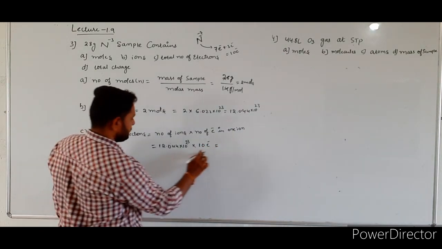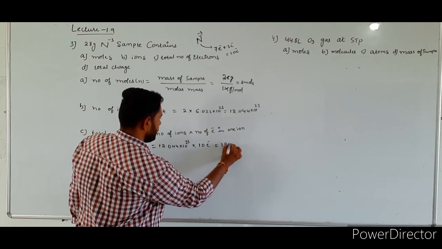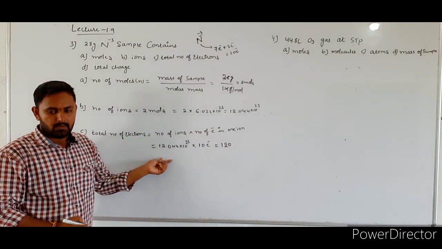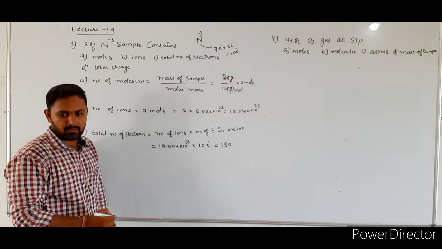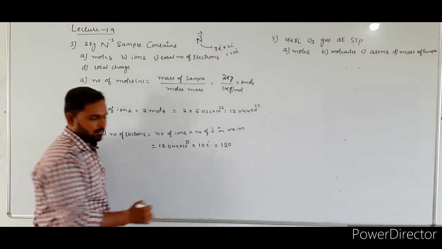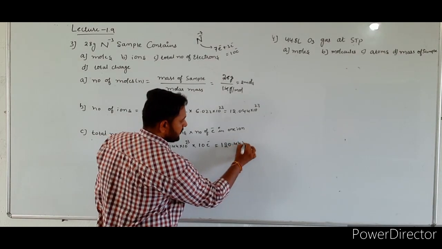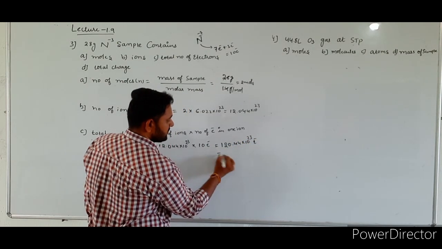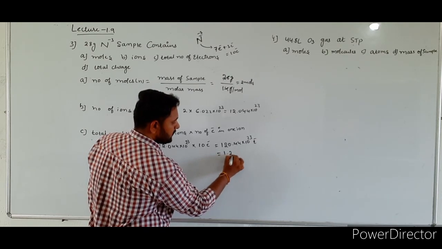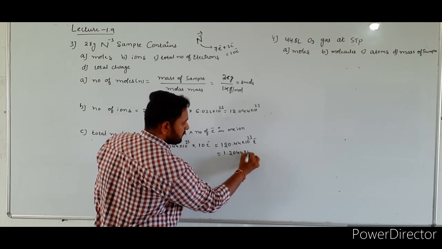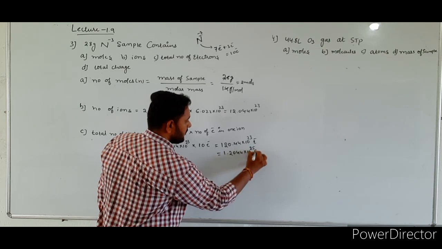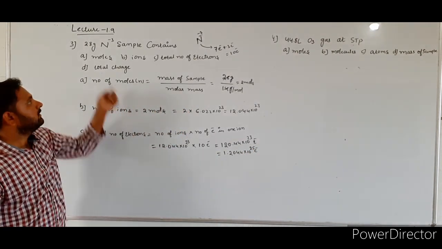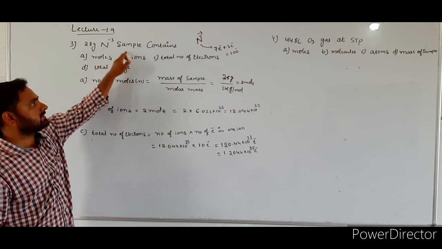After multiplication you will get 120.44 into 10 power 23 electrons. After simplification you will get 1.2044 into 10 power 25 electrons. This many electrons are present in the 28 gram nitride sample.